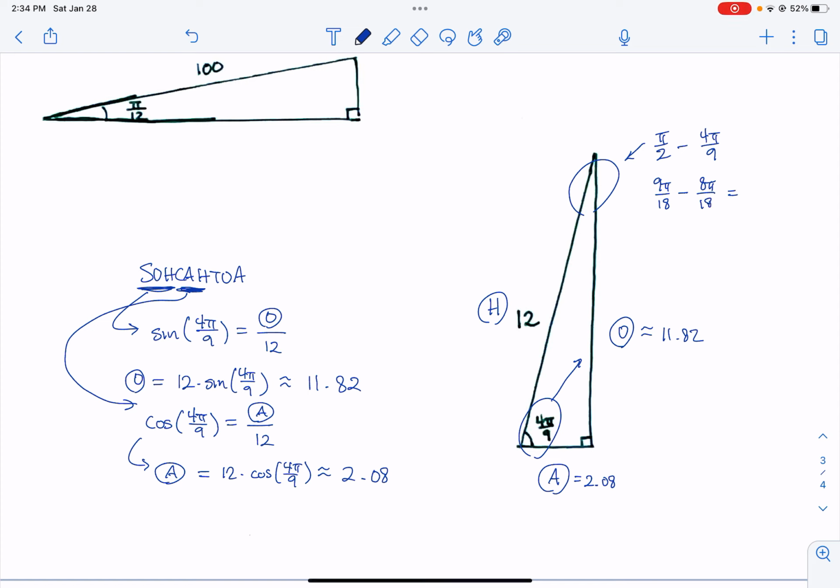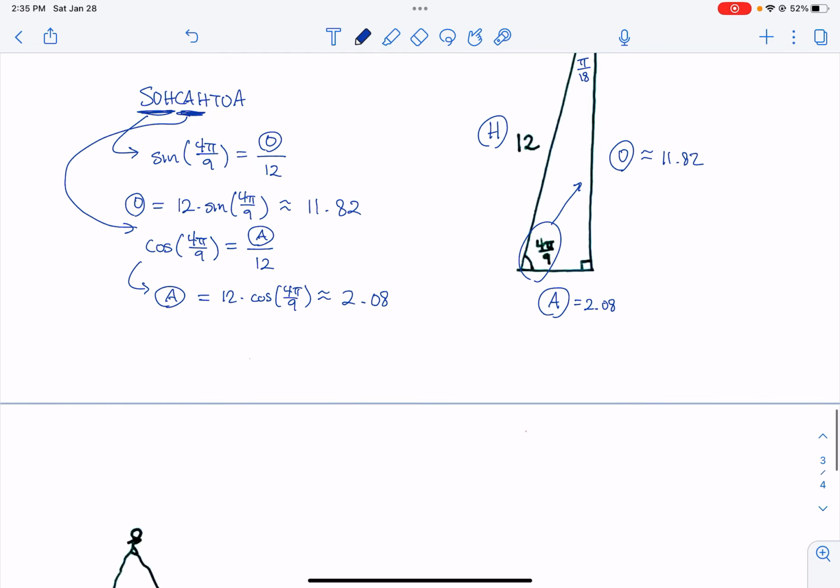This gives me an answer of pi over 18, right? So that is a very, very tiny angle. And so, yeah, the side across from that tiny angle should be pretty small, which is what we got. Again, you could check to make sure these sides follow the Pythagorean theorem, that you at least get something very close to the hypotenuse squared.